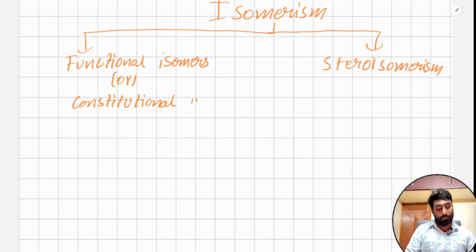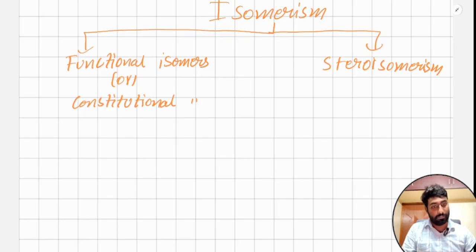Okay, functional isomers are based on the different functional groups present in it. Of course, we will see it deeply, for example, glucose and fructose. And stereoisomerism is because of the difference in their spatial arrangement.